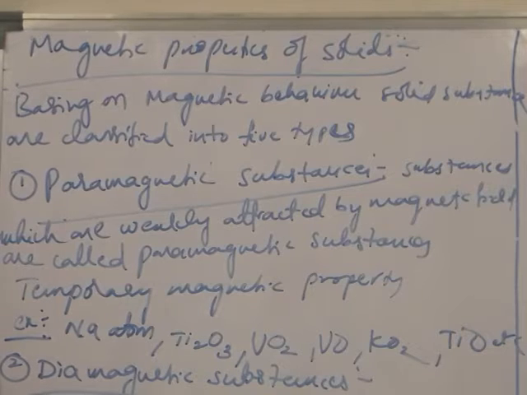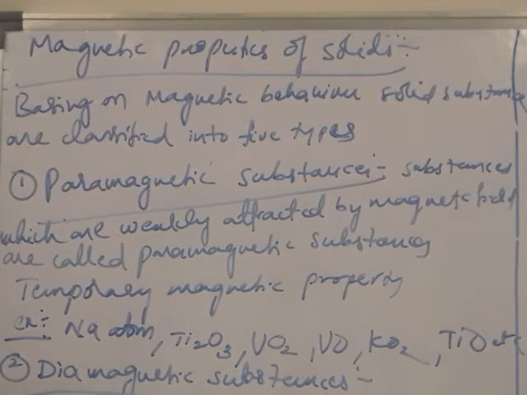To exhibit magnetic property, 1 or more unpaired electrons are a must. So in case of diamagnetic substances, there are no unpaired electrons. All the electrons get paired up in the substances. So that's why they do not exhibit any magnetism and they get repelled by magnetic field.